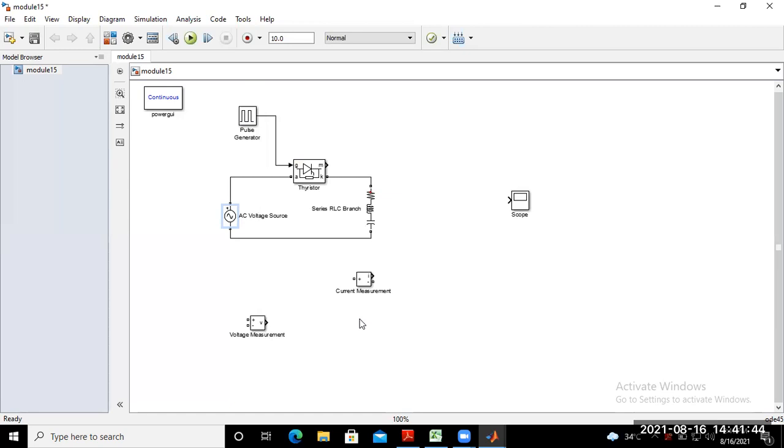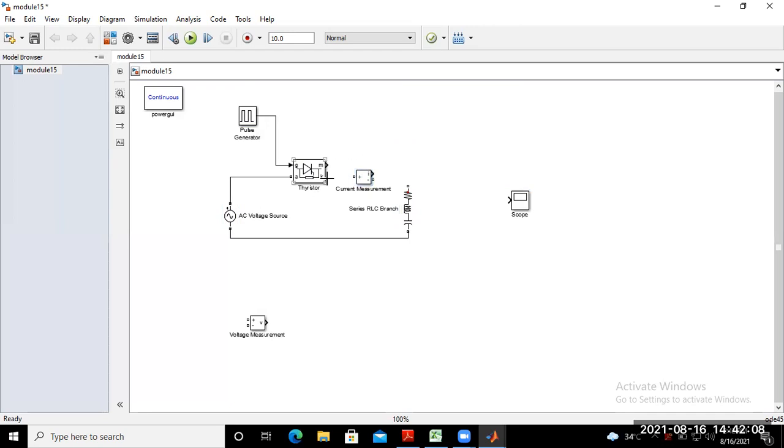Now we want to measure the input voltage waveform, output voltage waveform and output current. Okay, so we require this. The ammeter is connected to here.